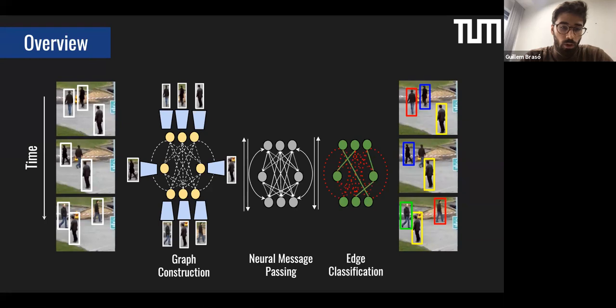The thing is that you don't know that in advance. This is what you want to decide in the end. So at the beginning, you just have all the possible edges, with the pruning that we do, but in theory, you could have all the possible connections. And your goal is to determine in the end which edges connect people in the same trajectory.